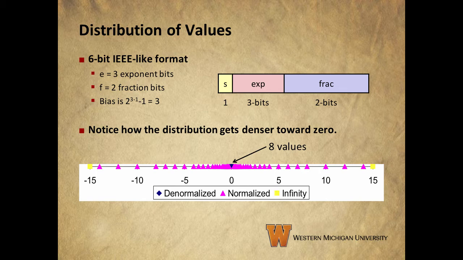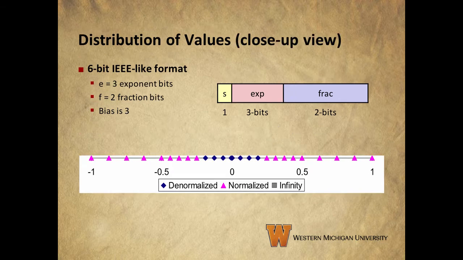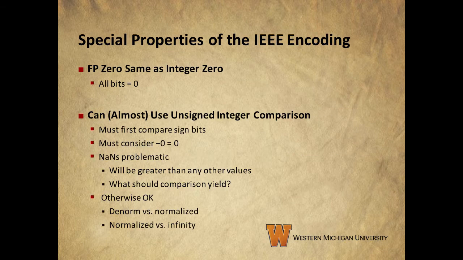Denormalized numbers are close to 0, with the normalized numbers spreading out from there to the infinities. Notice that the denormalized values are linearly separated around the zeros, while the normalized numbers cluster closer to each other the nearer they get to the denormalized range. This is the case for the standard floating point representations, single precision, double precision, and extended precision, that we went over in the last video.